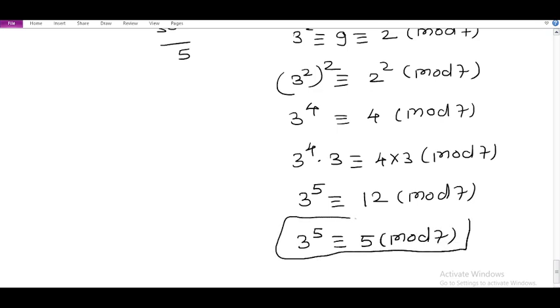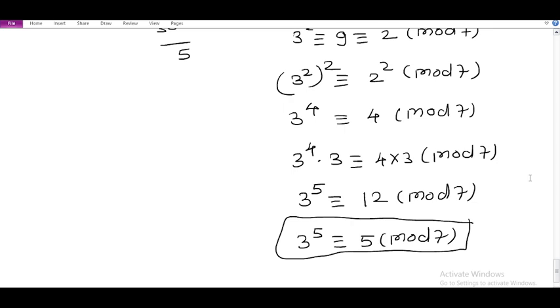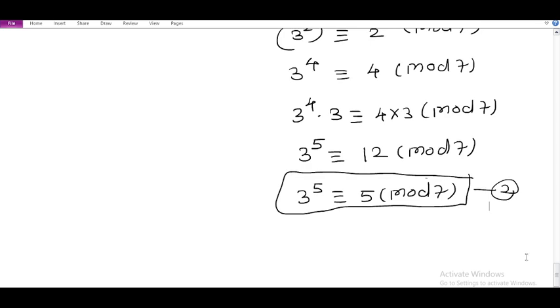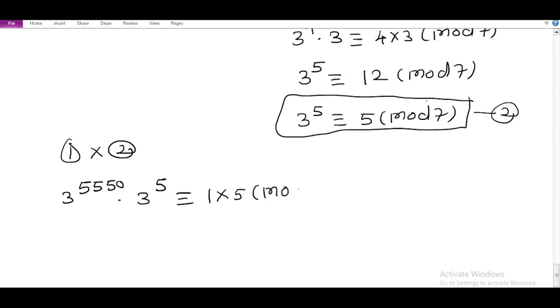Say if you multiply these two equations, equation number 1 and equation number 2, say this is 2. If you multiply 1 into 2, we get 3 raised to 5550 into 3 raised to 5 congruent to 1 into 5 modulo 7.